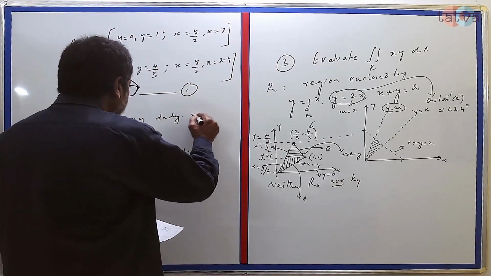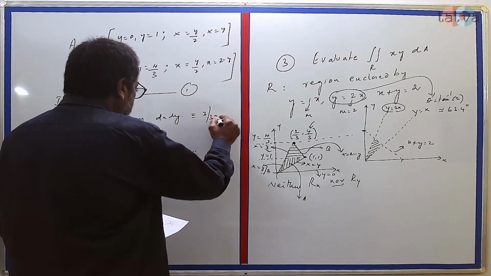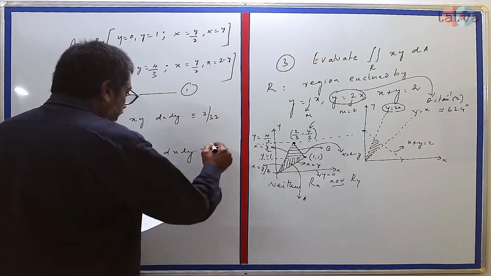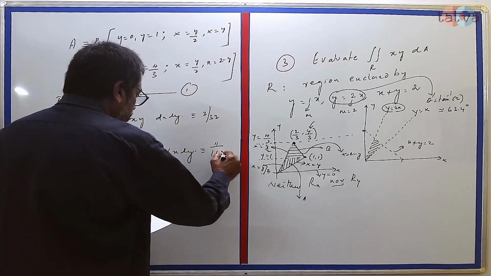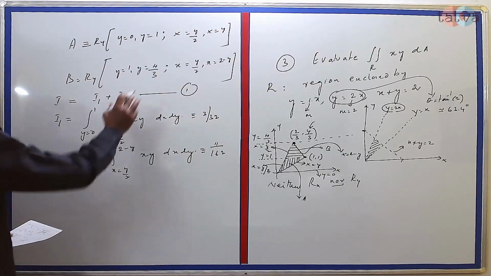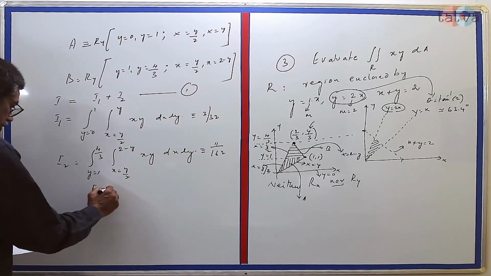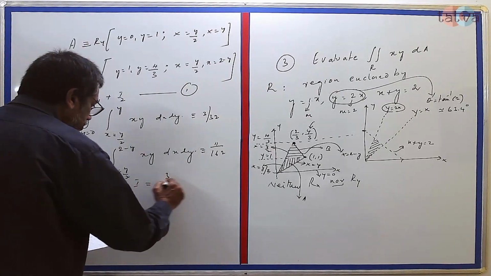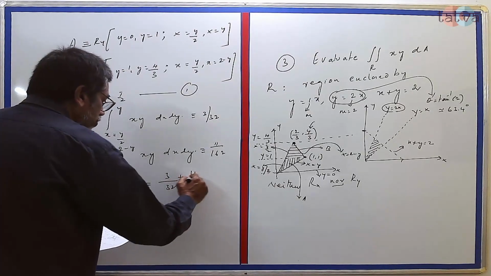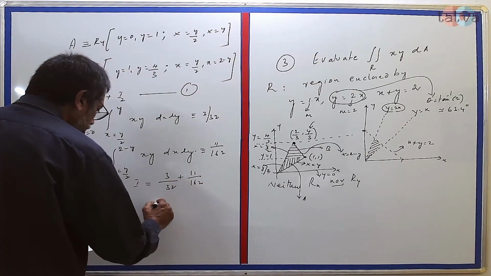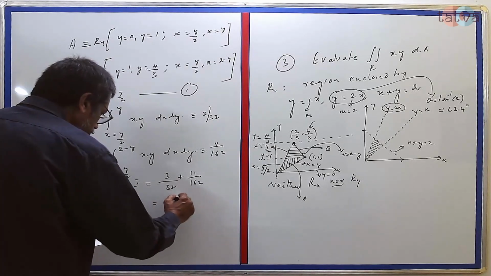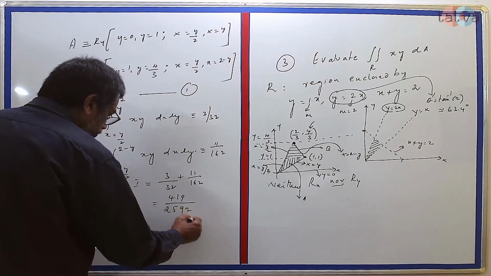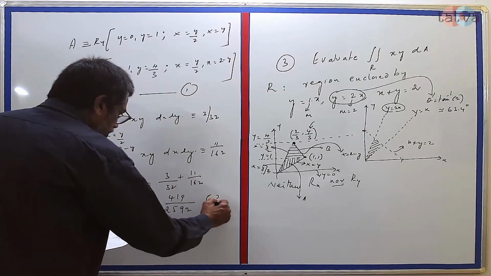In the first case, check whether the output is 3 upon 32 and check whether the second one is 11 upon 162. Then from equation 1, I is equal to 3 upon 32 plus 11 upon 162, which should settle to 419 by 259. So this is a small exercise.